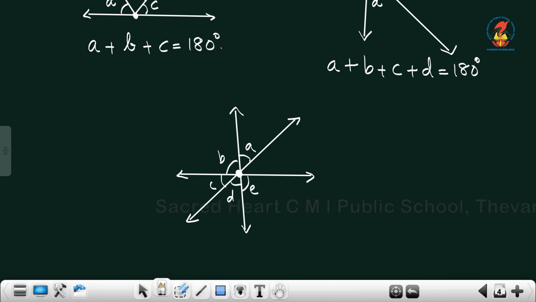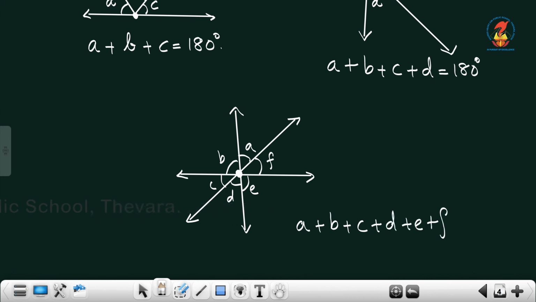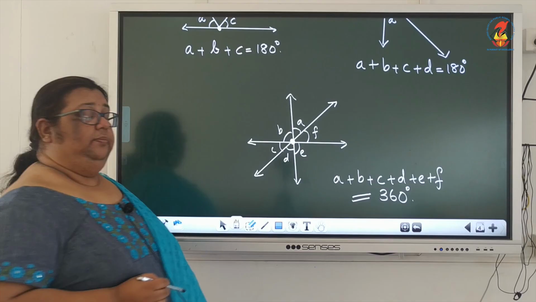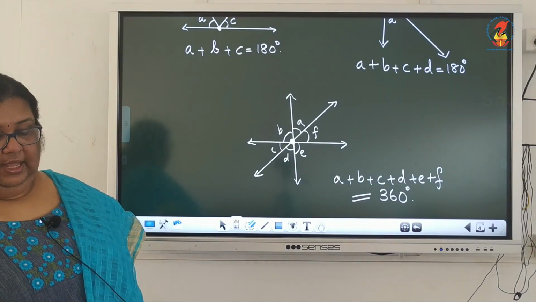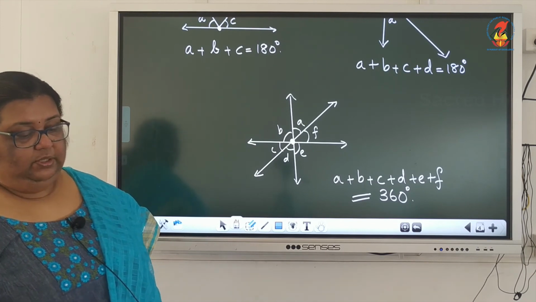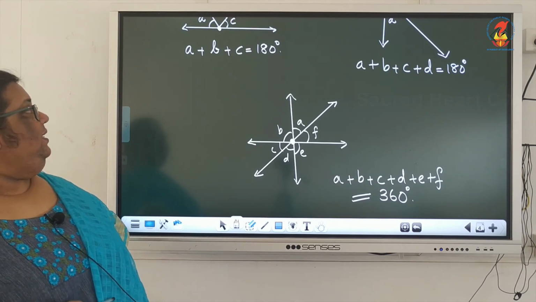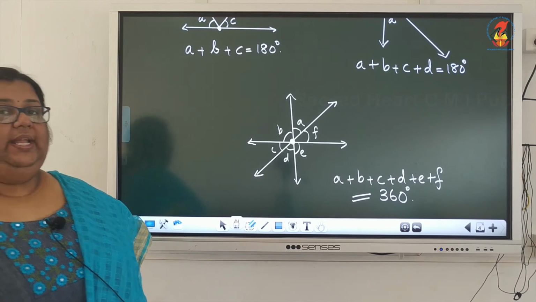I am just naming them A, B, C, D, E, F. That means around the point angles are formed, and the sum of the angles around the point will be equal to 360 degrees. So the sum of the angles around a point equals 360 degrees. The sum of the angles formed on the same side of the line at a given point equals 180 degrees.